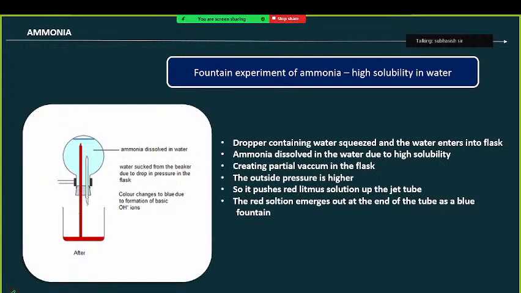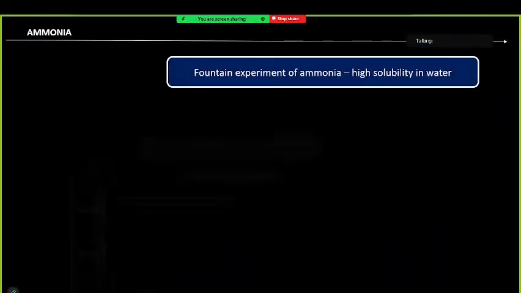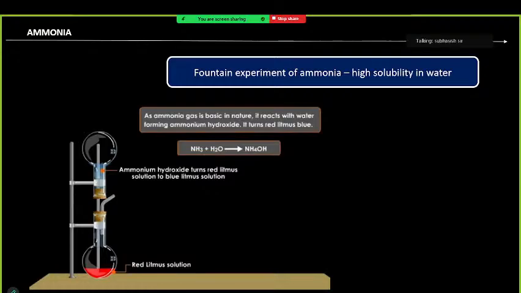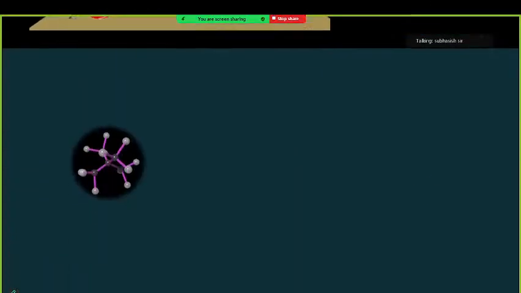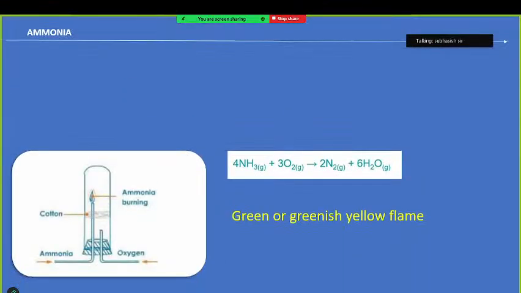This reaction proves that ammonia is highly soluble in water, and also that ammonia is basic in nature, because the red litmus solution is converted into blue as it comes in contact with ammonia gas. This is the fountain experiment.